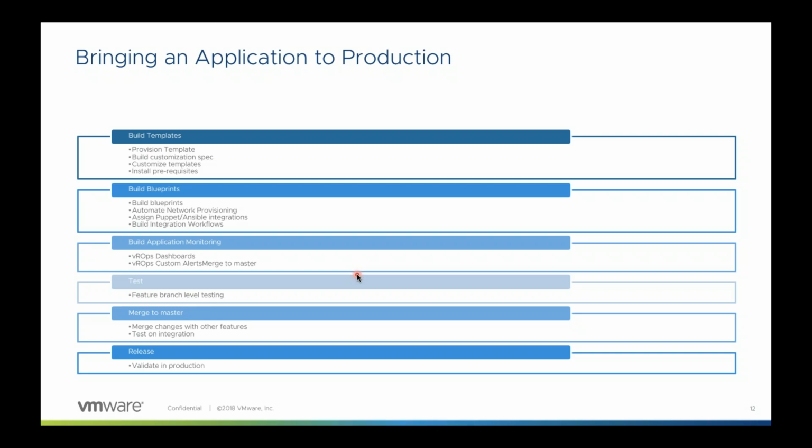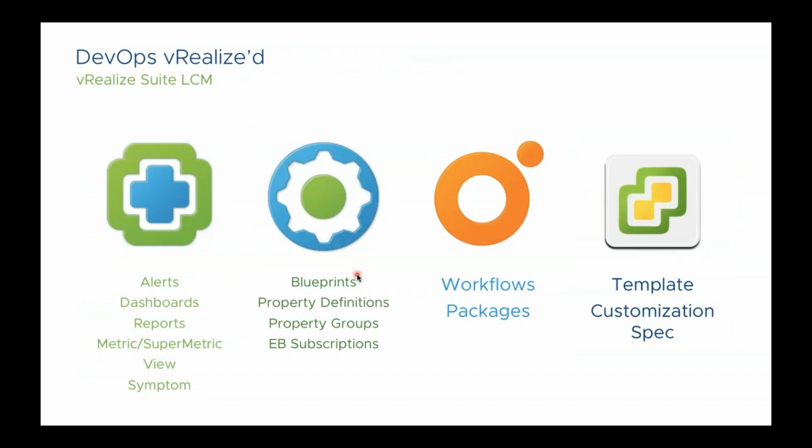So we're talking about not just one thing, but we're talking about being able to take everything from the template and customization spec in vCenter all the way up through the workflows and packages and orchestrator that will customize it, the blueprints, property definitions, event broker subscriptions and automation, and the dashboards, alerts, metrics, views, and symptoms in operations that are necessary to know that application is functioning properly.